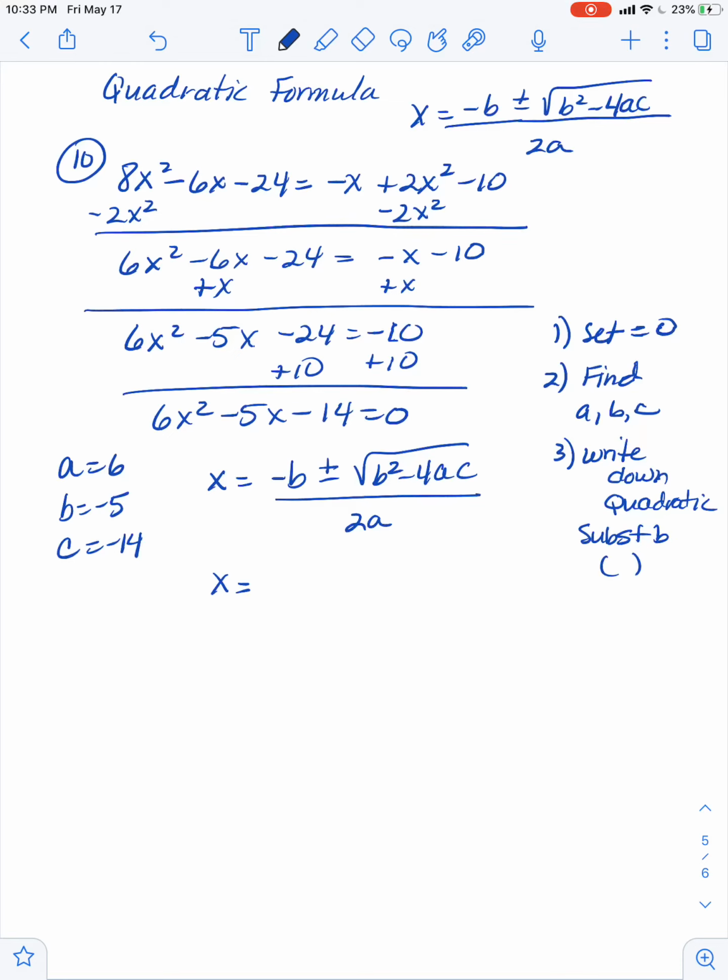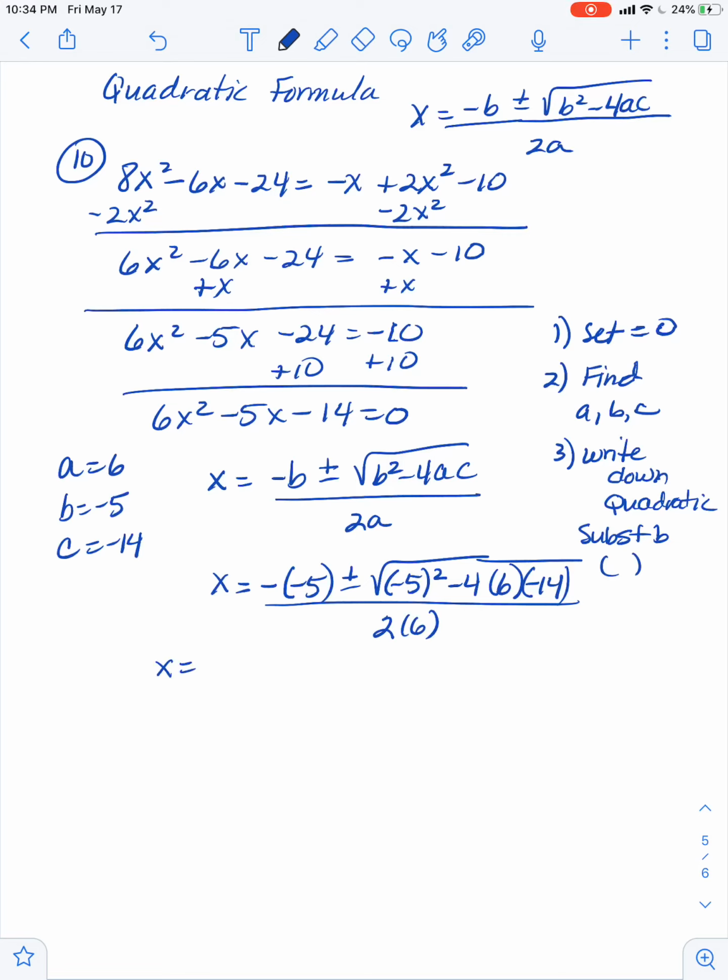I just think that that's going to be the easiest. So opposite of a -5, and see we do that parentheses, you got that double negatives there. And then B squared is a -5 squared, minus 4 times A times C, all over 2 times A.